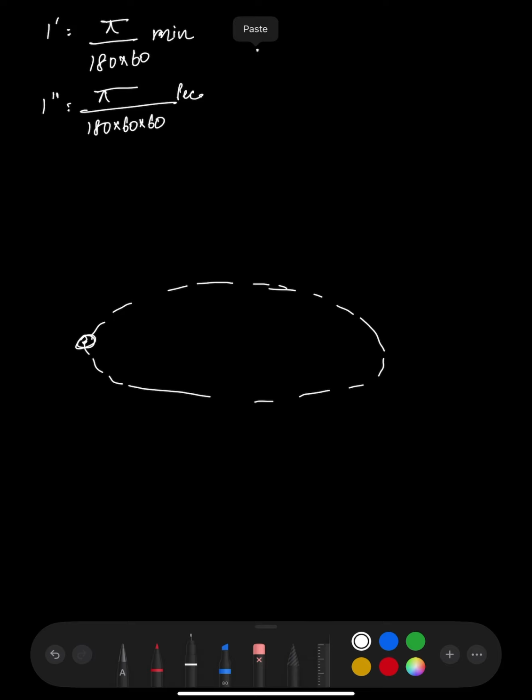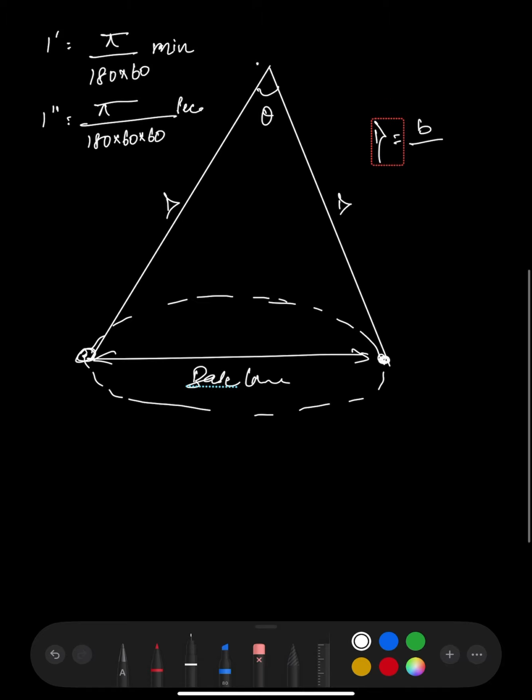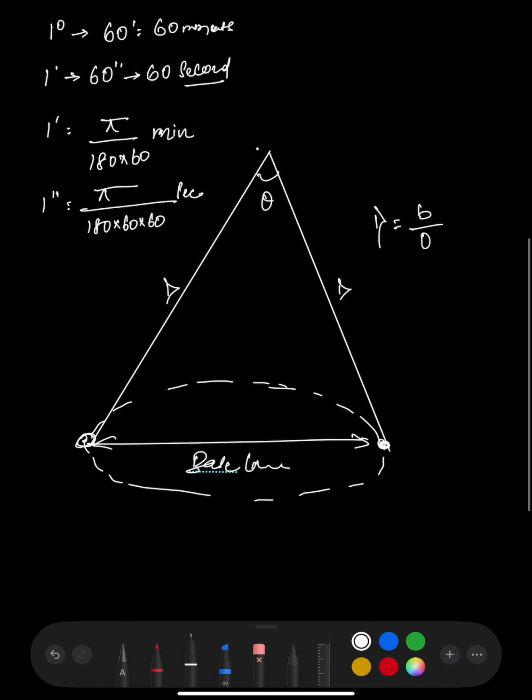We consider this to be D. Once Earth goes here, this one also becomes D, and this becomes our baseline. We get theta, then we calculate the distance. D is equal to b upon theta.